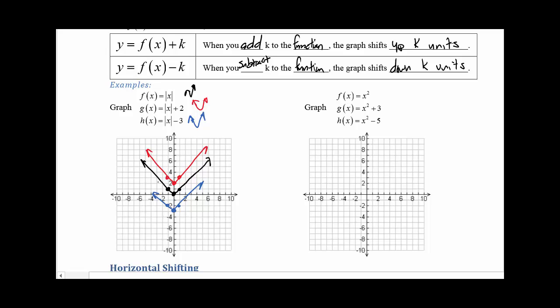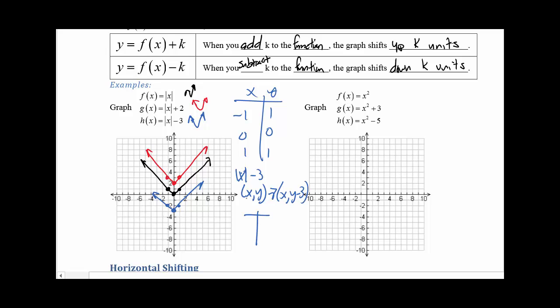Okay, sort of another way to think about this is if I look at the parent graph of negative 1, 1, 0, 0, and 1, 1, right? When I look at, say, the absolute value of x minus 3, what does that do? Well, that takes every ordered pair and it subtracts 3 from the y's.